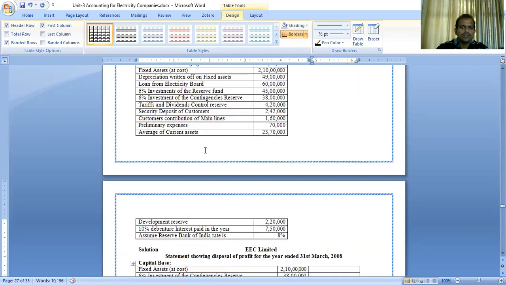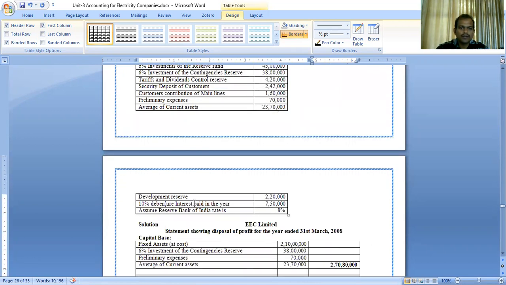The interest on debentures, the given problem directly gave, that is 7 lakh 50,000.